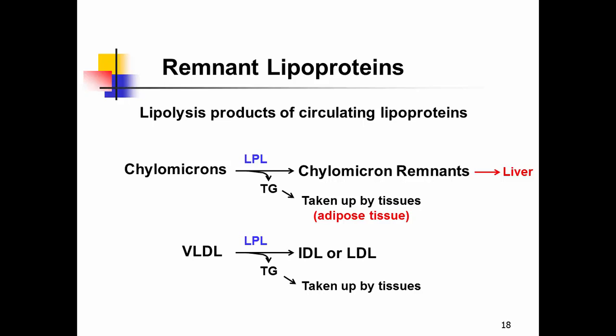Because you can't break down the triglyceride efficiently, so triglyceride cannot be taken up by the fat tissue. So you have higher chylomicron lipoprotein levels, and you also have higher triglyceride levels in the circulation, right? So LPL, again, is a very critical enzyme that helps adipose tissue take up the triglyceride, fatty acids.